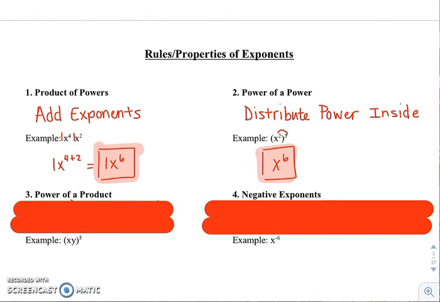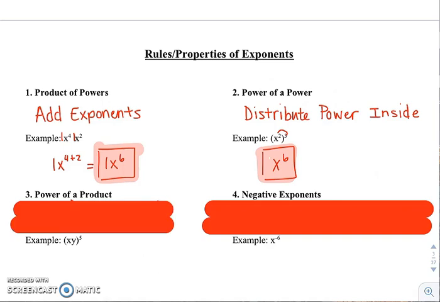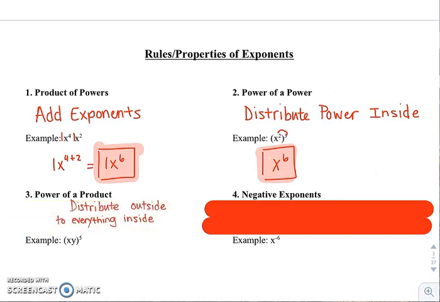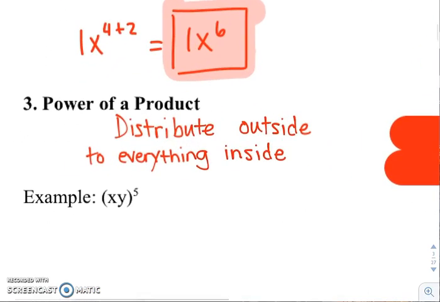So power of a product, you distribute the value outside to everything inside. So it's very similar to what we just did in that second rule. It's just that if there's more than one thing inside the parentheses, we're distributing that power to everything inside.